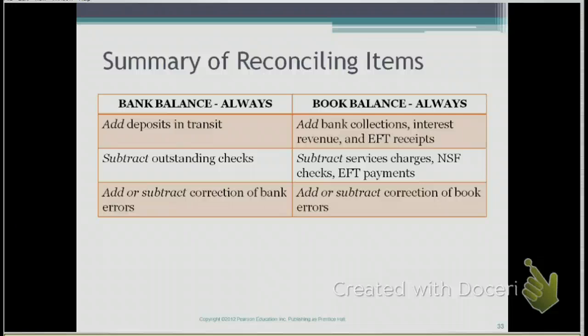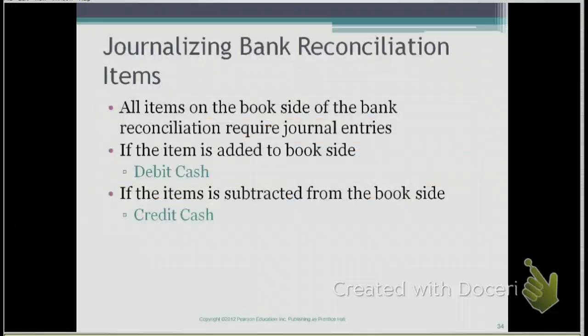Once we prepare the bank reconciliation, there is one more item that we have to do. Everything that we found on the bank statement, we put on the book side of our bank reconciliation. We did not find out about those transactions until we received our bank statement.